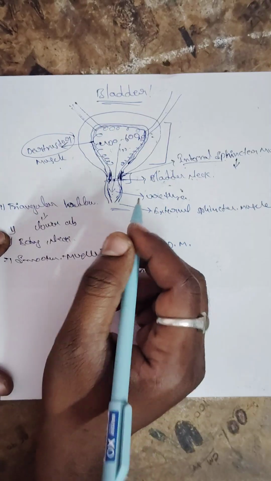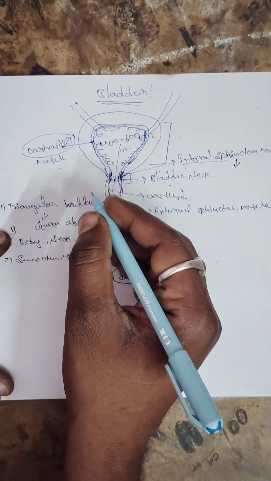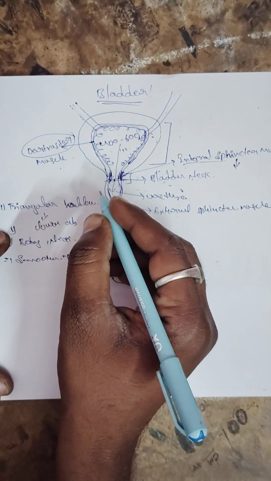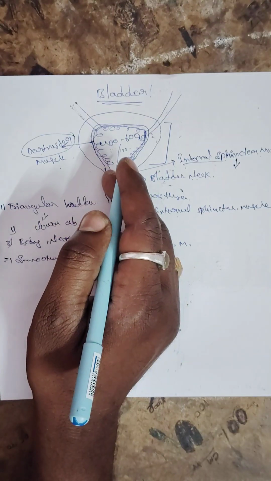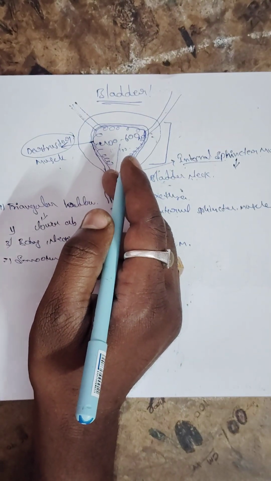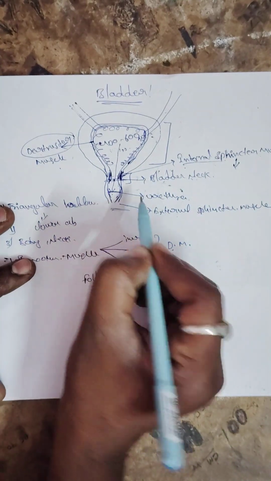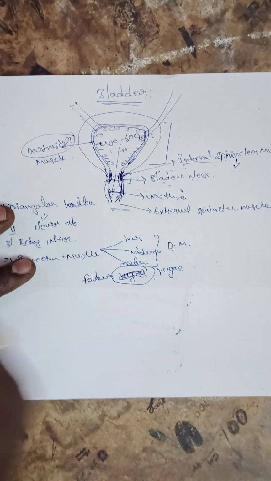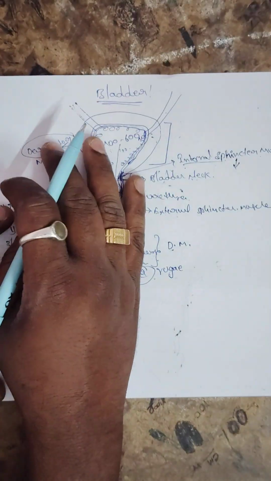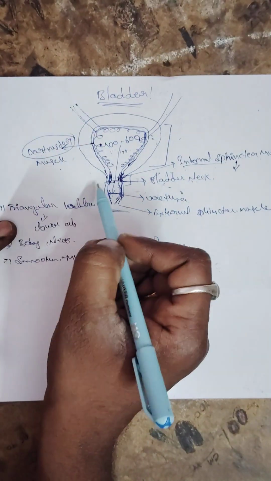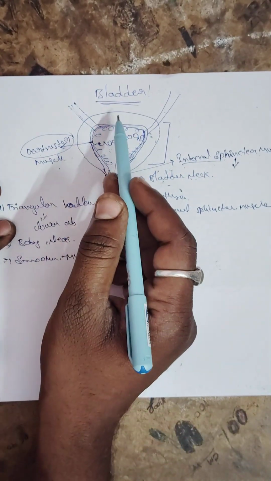And what is the length of the urethra? The urethra is up to 8 inches long and 1.5 inches wide. These are the parts of the urethra and bladder.